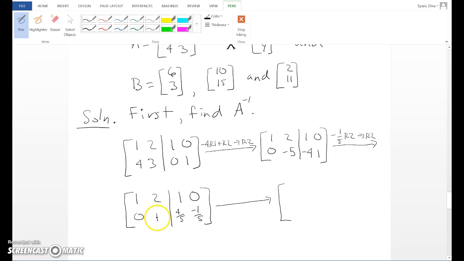Okay, now since I have a 1 here, what I want is a 0 up here. So let's take -2 times row 2, add it to row 1. We're going to replace row 1 this time. Row 2 stays the same.